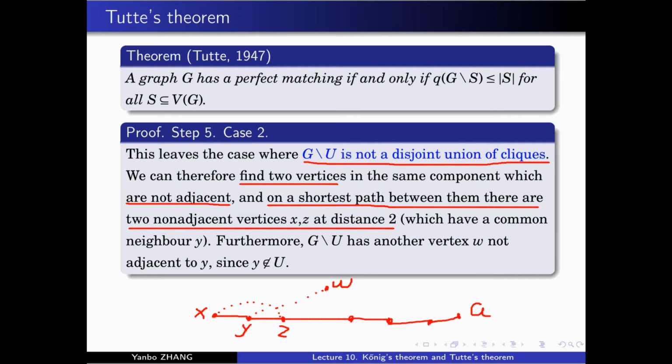If Y is adjacent to every other vertex, then Y belongs to U. But now, Y is in G minus U. Y doesn't belong to U. That means there is a vertex that is not adjacent to Y. So we can find a W such that Y and W are not adjacent. Note that Y and W may be in different components. Maybe not, both okay.